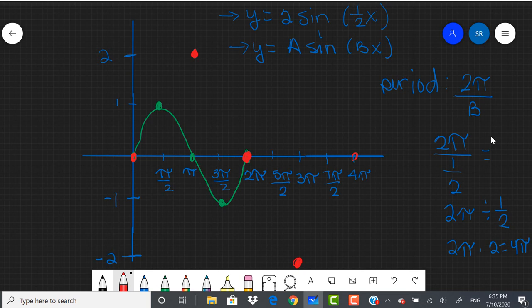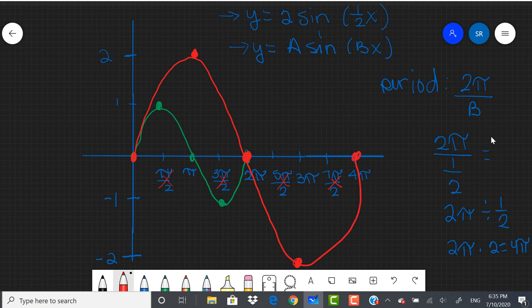And then at 4 pi. Notice I'm skipping the halfway points because you end up with non-whole numbers, and I just want to graph the whole numbers. That's why I skipped those, because it takes twice as far out to get this graph.